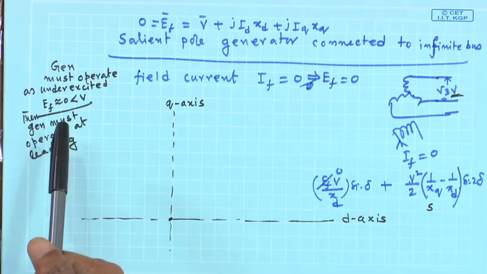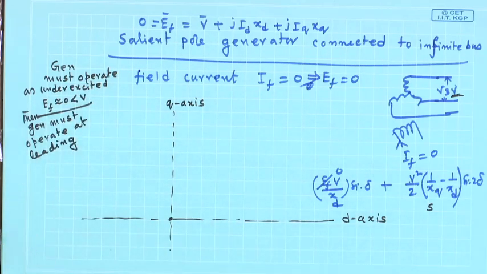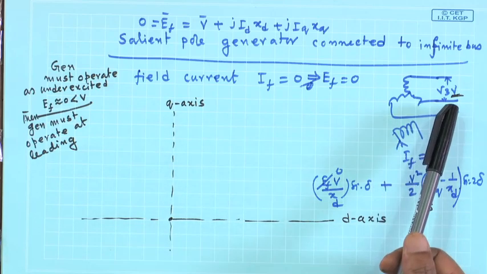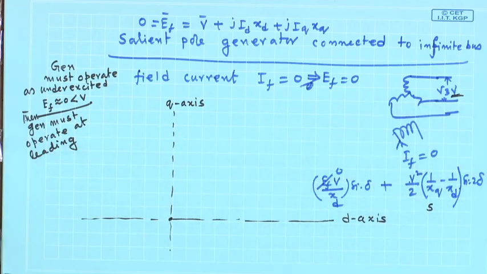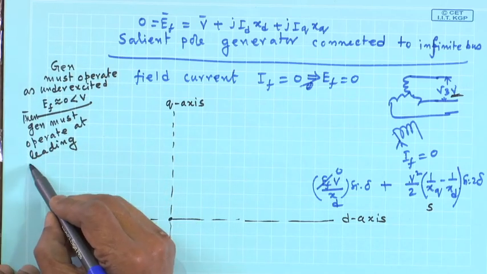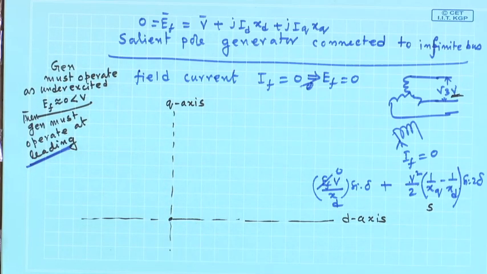How do I know it is under excited? I know because EF is 0 and V is finite, connected to bus. So, this thing must happen. So, this is the thing. I now know that the armature current will be at leading power factor.